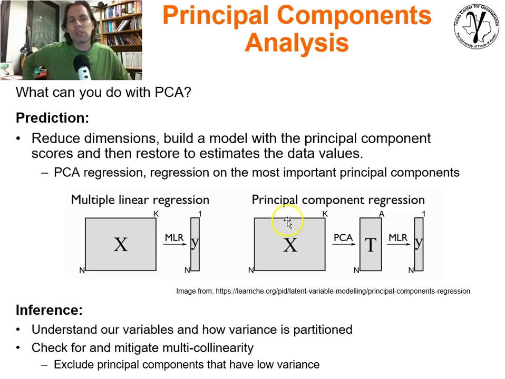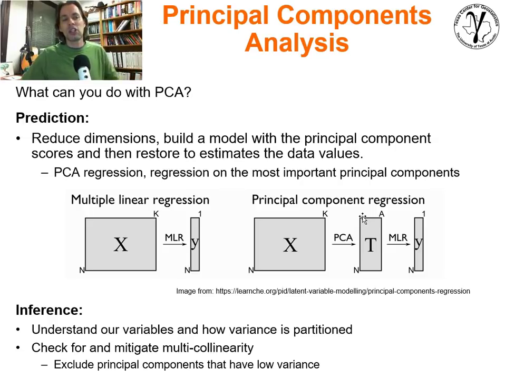Now, what we do with principal component regression is we take that regular data matrix, calculate principal components on it, and then calculate the principal component scores for the first 1 through p principal components that we want to work with.